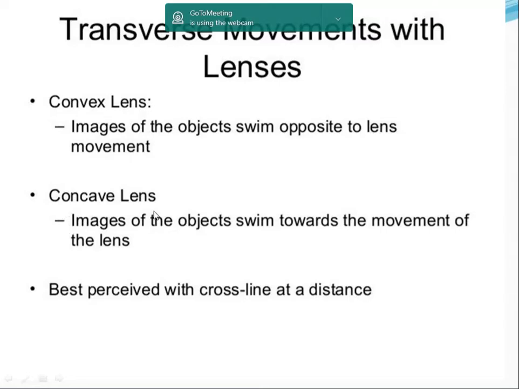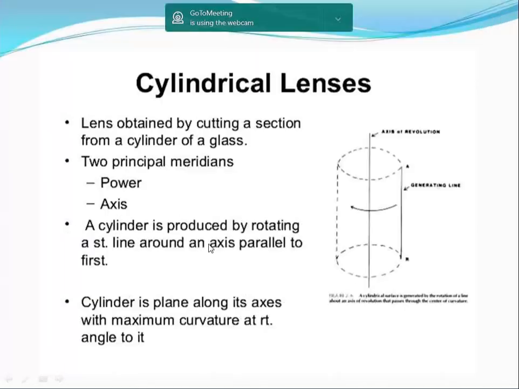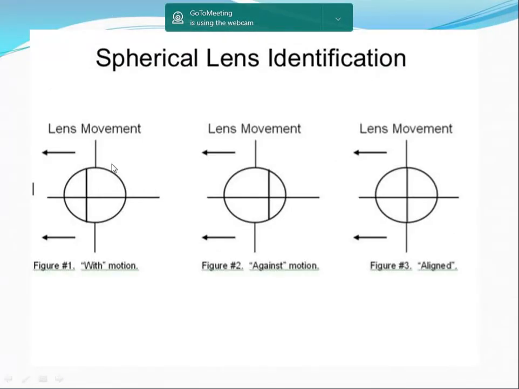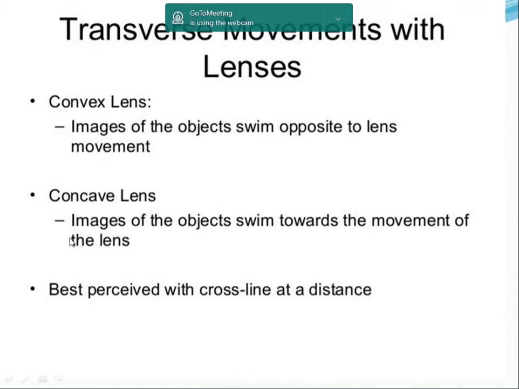In case of concave lenses, the images swim to the same side of movement, that means with motion. If you are moving to the left, the image of the object which you are looking at through the lens also moves to the left. Suppose it is moving in the opposite direction, then it is a plus lens or a convex lens. If it is moving on the same side, then it is a concave lens or a minus lens.